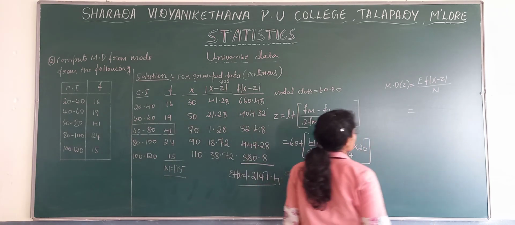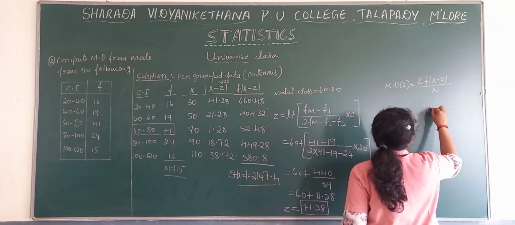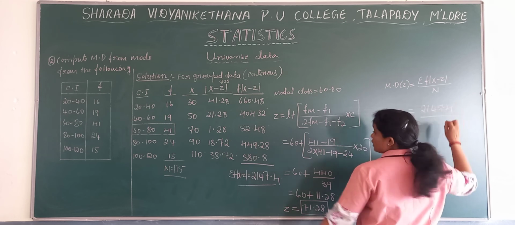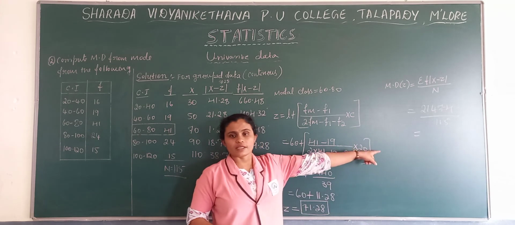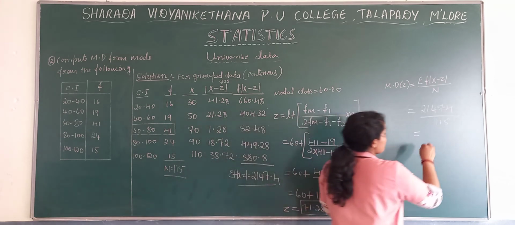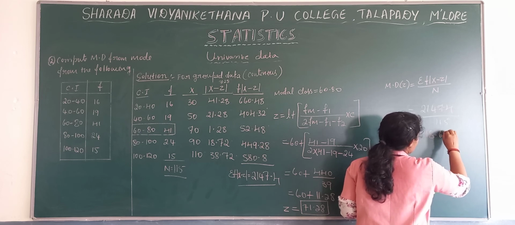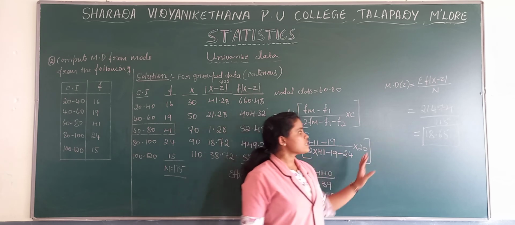Here sigma f into modulus x minus z is 2147.4 and N is 150. We get the mean deviation from mode as 18.67.